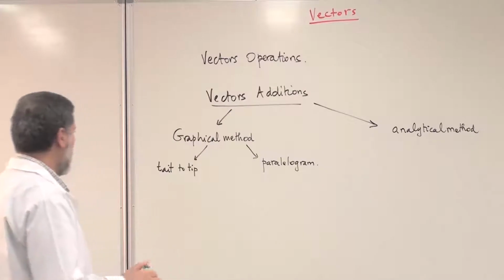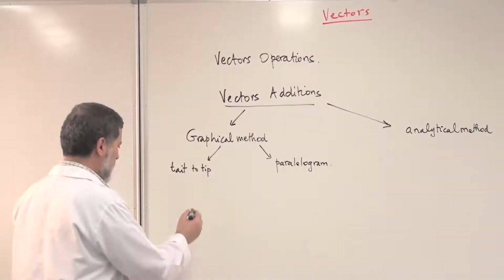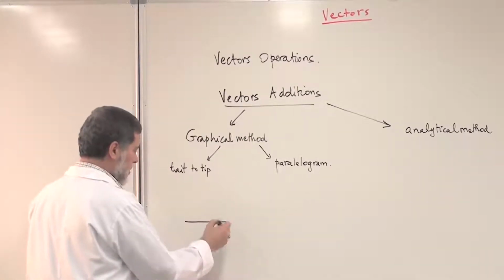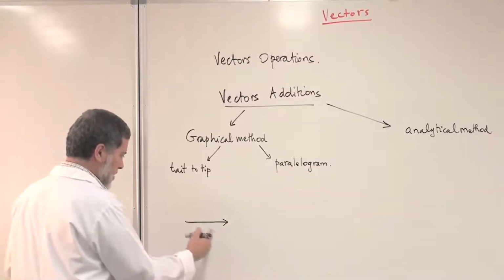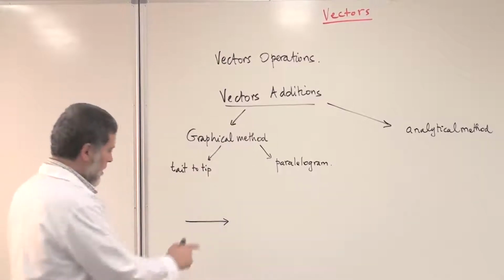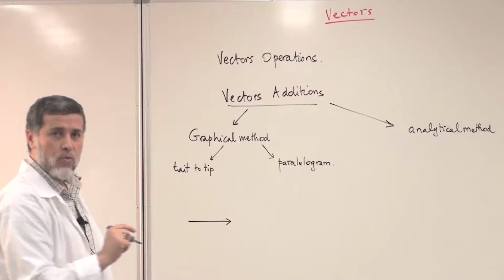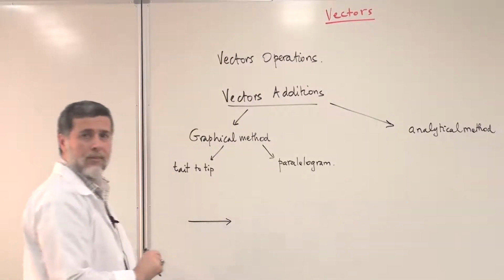Now a vector, as was mentioned in the previous video, can be represented by a magnitude and a direction. So this vector here, the length of this line will represent the magnitude, and the arrow is going to represent the direction. So this vector is directed toward the right.